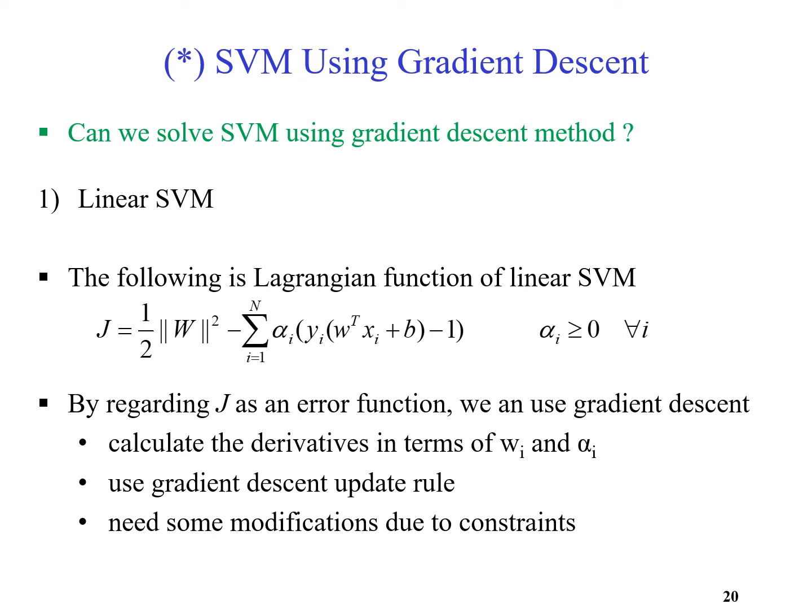When we learned the neural net, we learned the gradient descent method, right? So the question is, can we solve SVM using a gradient descent method? Right now, we solve SVM using a constraint optimization method, and in the nonlinear case we add a kernel method as well.